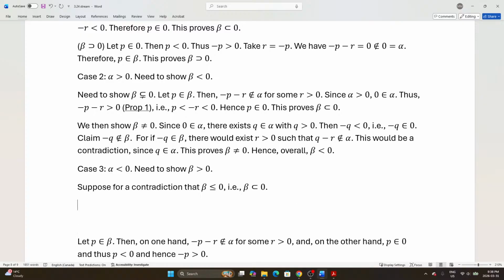Okay, so let's try something else. Let's try q in alpha.